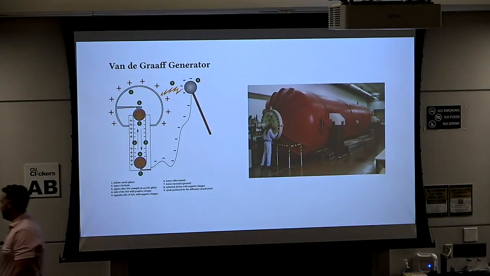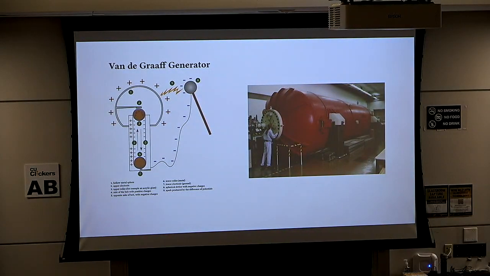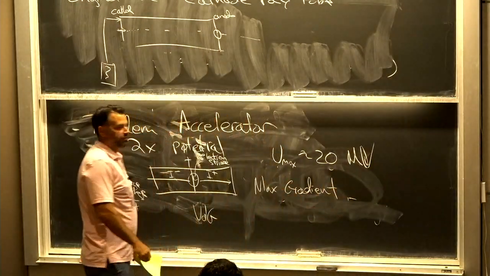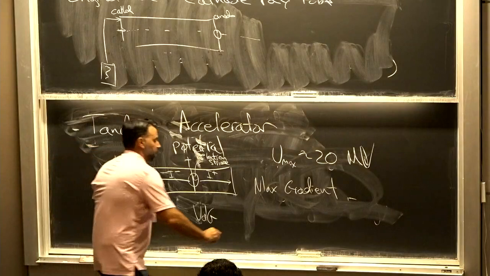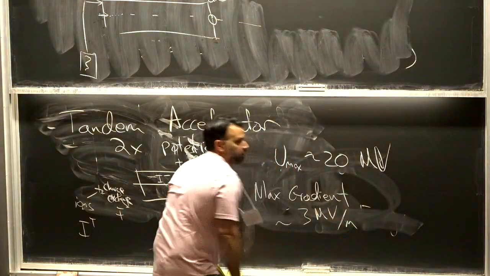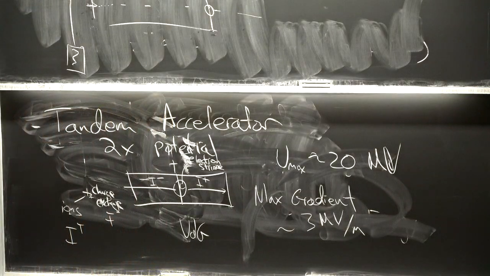Now, the breakdown voltage that occurs for any of these electrostatic generators, essentially the max gradient that you get out of any electrostatic accelerator, is about 3 megavolts per meter. Okay?